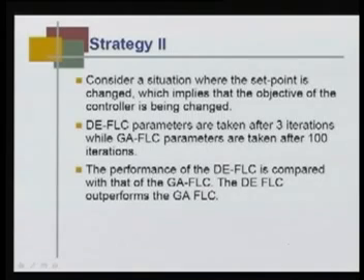Now, strategy 2: consider a situation where the set point is changed, which implies that the objective of the controller is being changed. DE-FLC parameters are taken after 3 iterations, while GA-FLC parameters are taken after 100 iterations. The performance of DE-FLC is compared with that of GA-FLC. The DE-FLC outperforms GA-FLC.